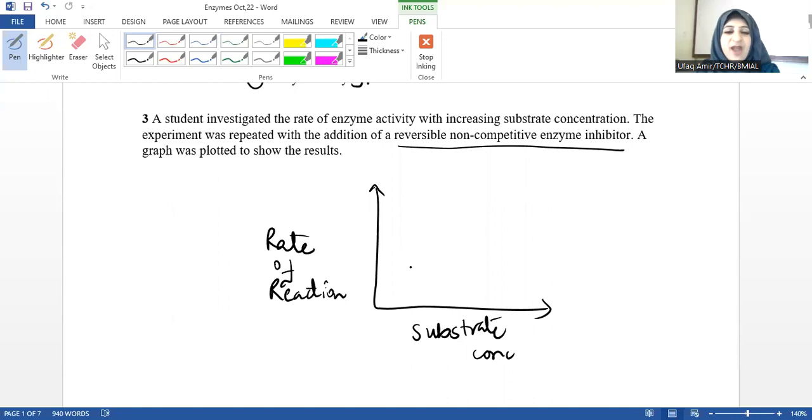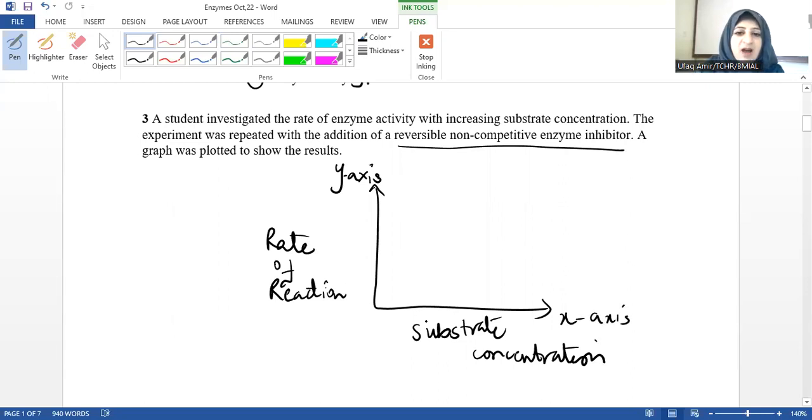So rate of reaction is the dependent variable, plotted on the y-axis.